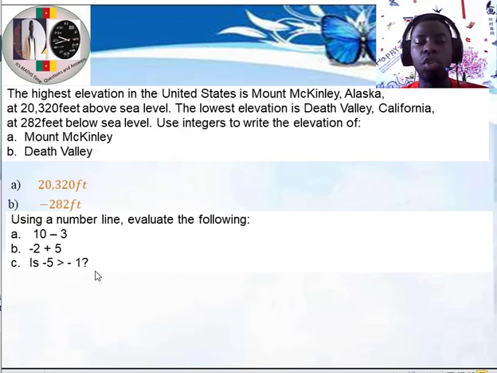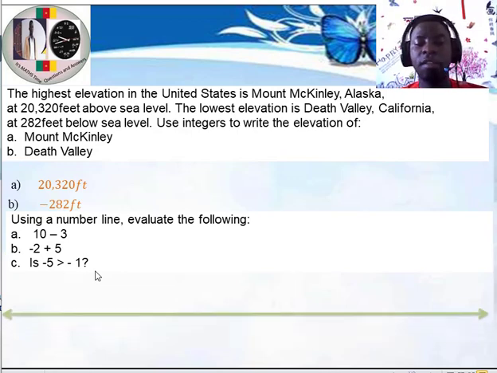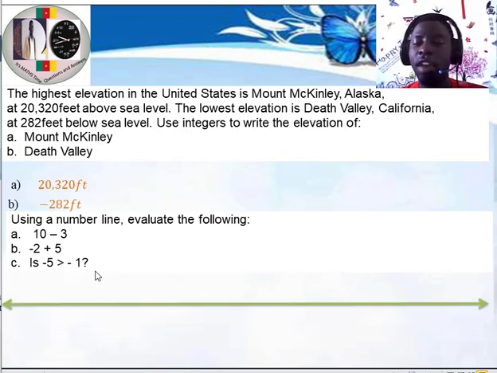Now, we need to draw a number line. That is a number line with arrows to indicate that the numbers go on and on to the right and on to the left. Our origin is our 0 mark. To the right of the 0, we have positive numbers 1, 2, 3, 4, and so on.